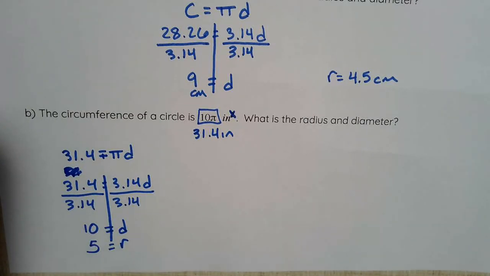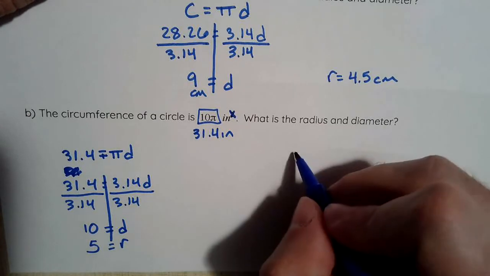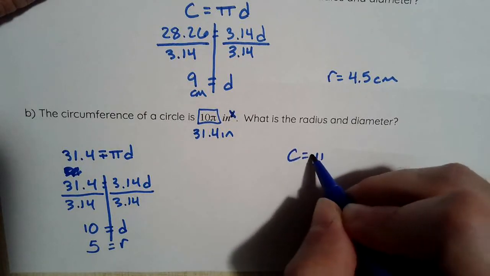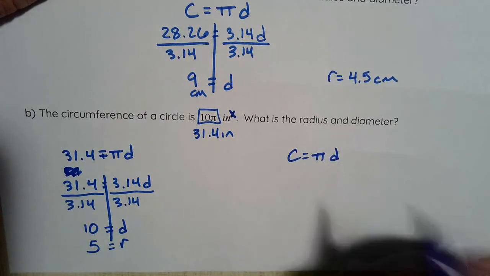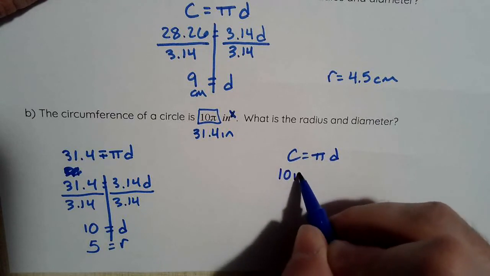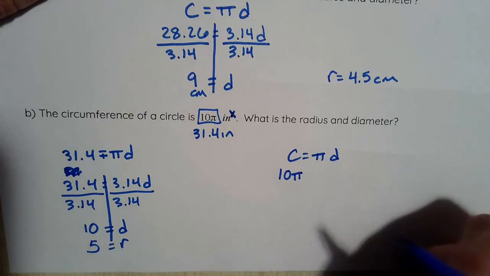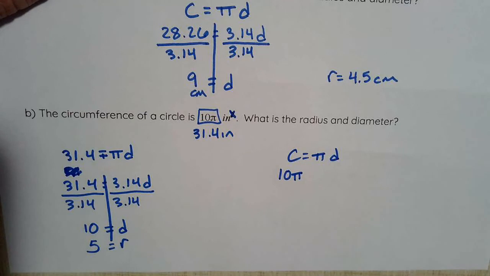We can actually do this again and get the same answer using that 10 pi idea. If we start with circumference equals pi times diameter, I'm going to use 10 pi in place of 31.4 because that's what it told me the circumference was.